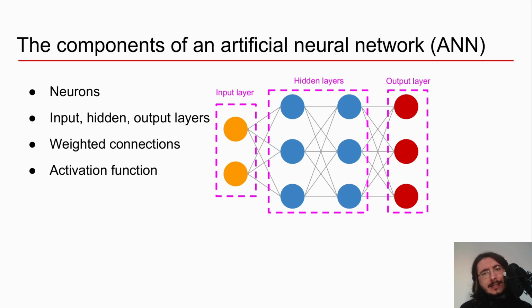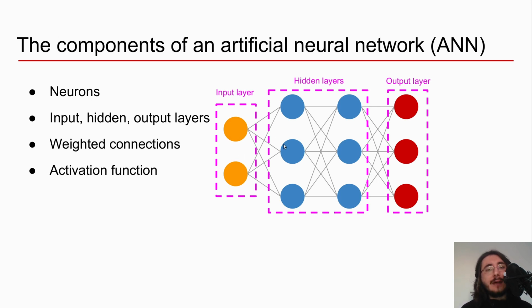Cool. So let's take a look at the fundamental components of an artificial neural network. We have obviously the neurons, and we've seen the math of a single neuron. Then these neurons are organized together into layers, and we have different types of layers. We have the input layer, which is the layer where we first provide the information signal into the network.